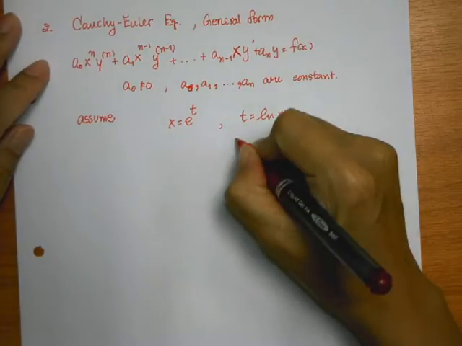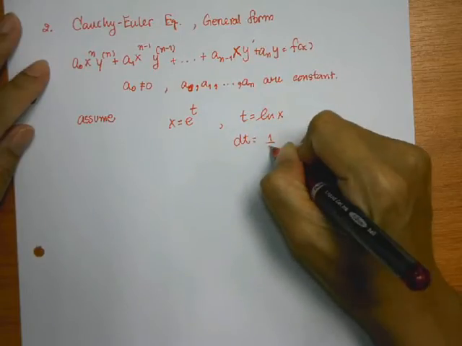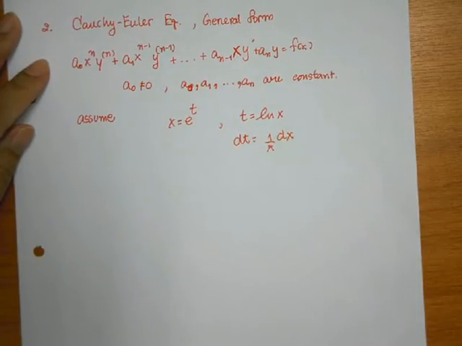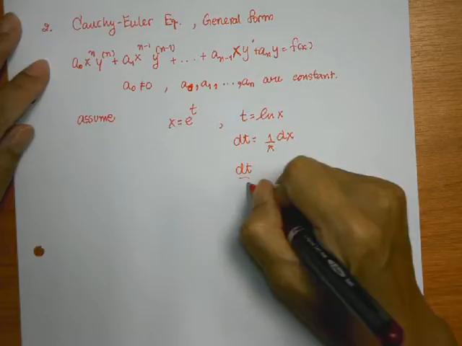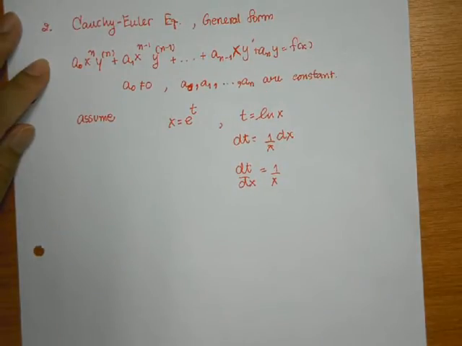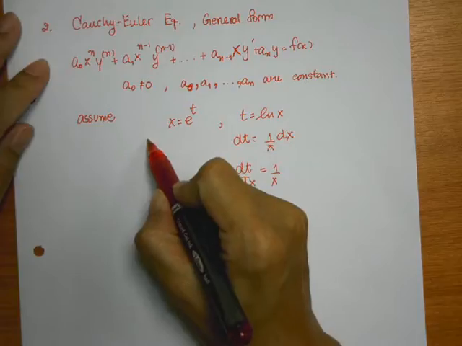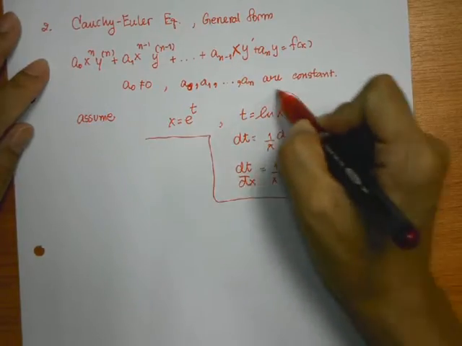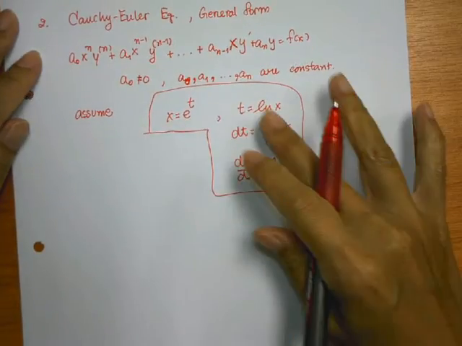Or dt is equal to 1 over x dx, so dt by dx is equal to 1 over x. Okay, here is our assumption, and we are going to use this assumption.